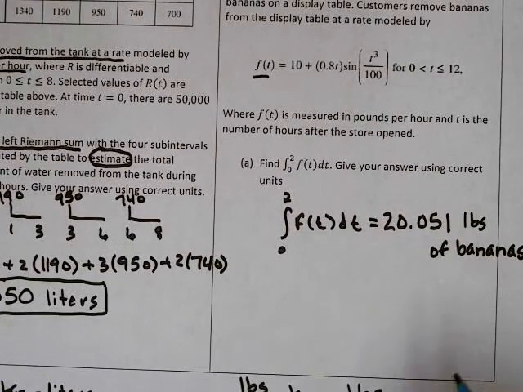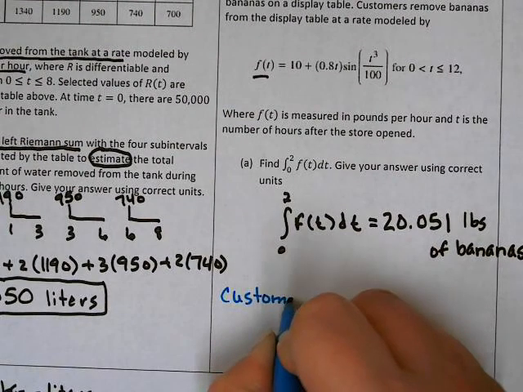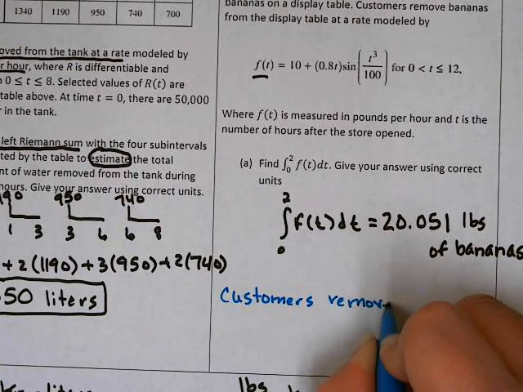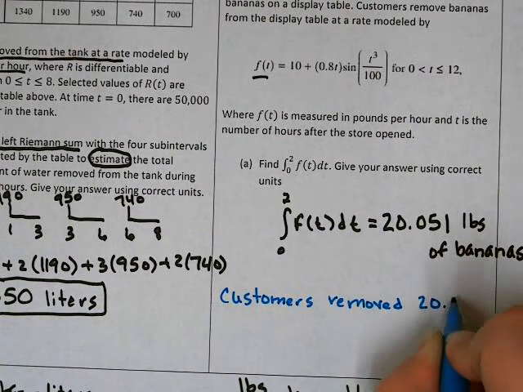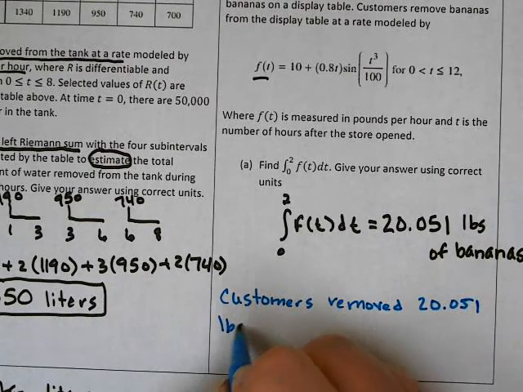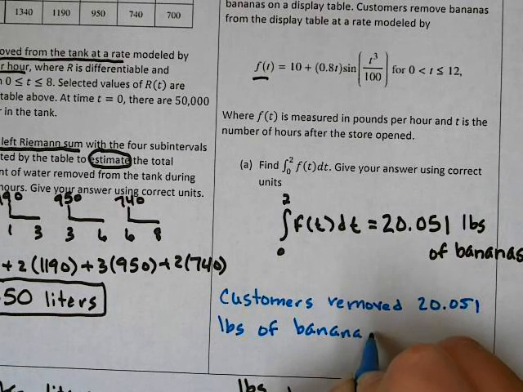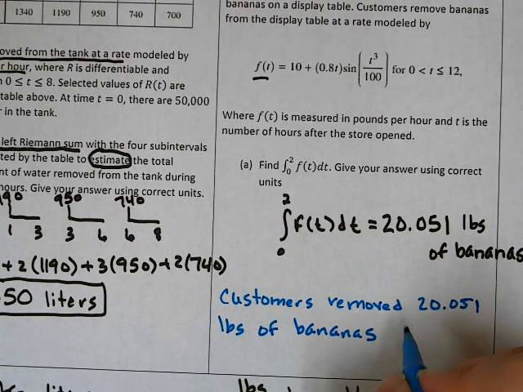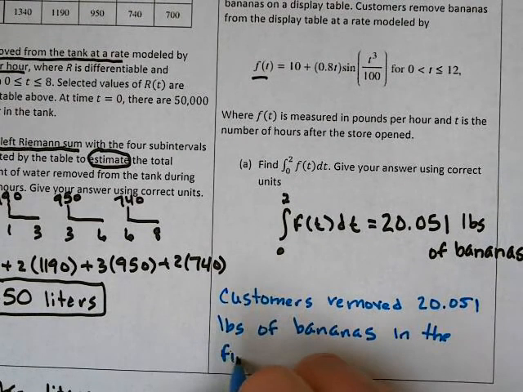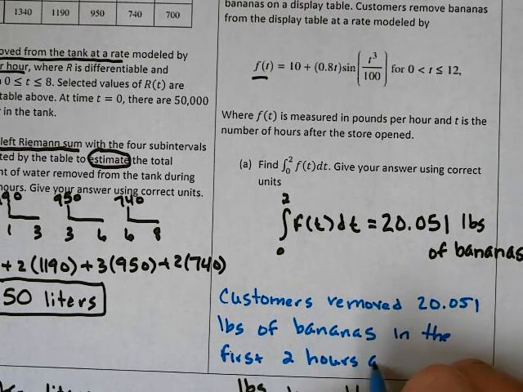So what we would say is that customers removed 20.051 pounds of bananas in the first 2 hours after the store opened.